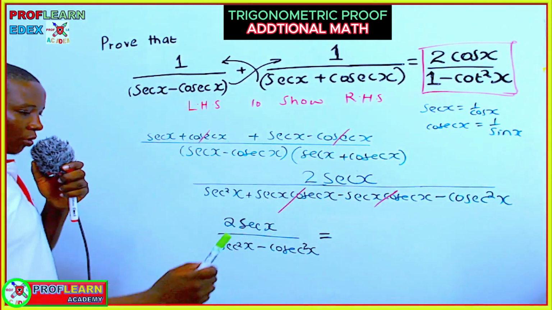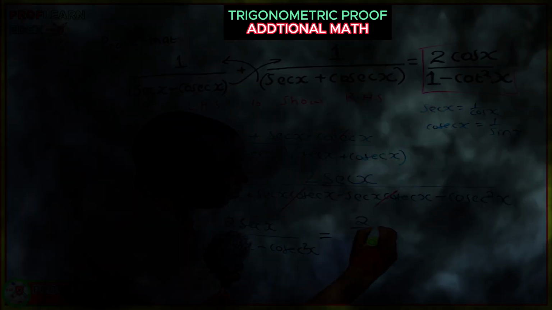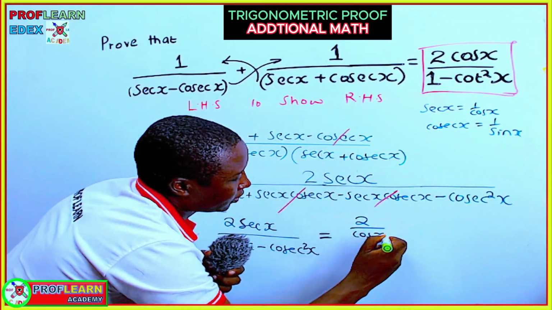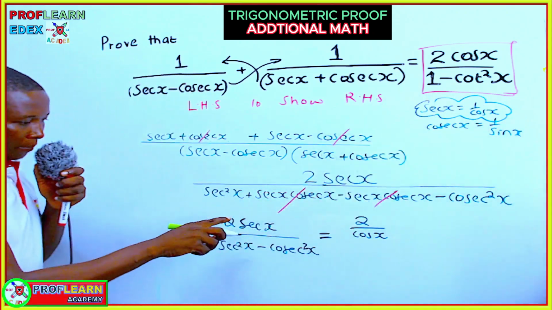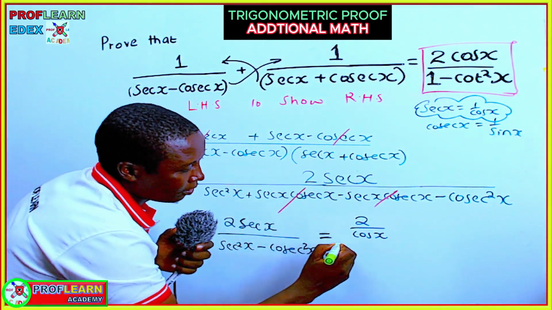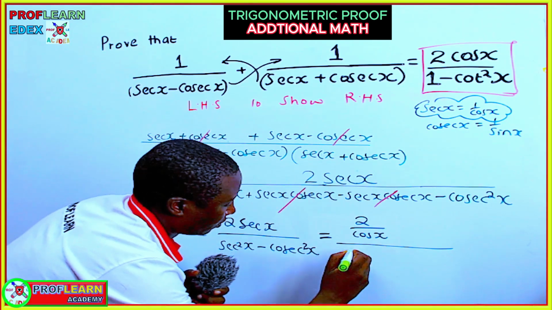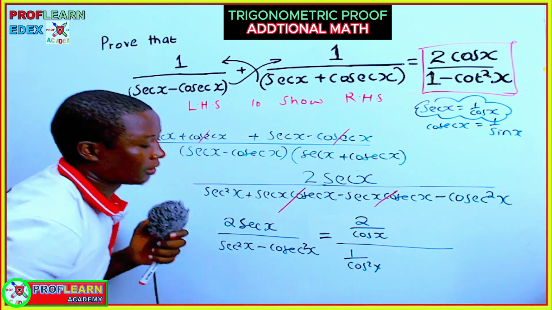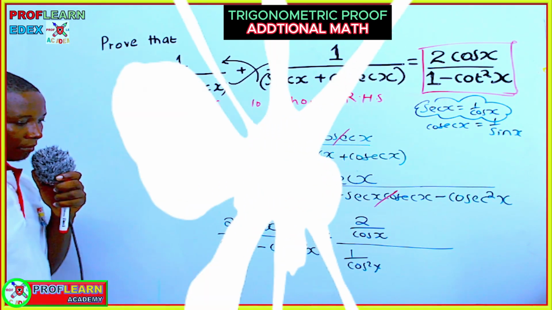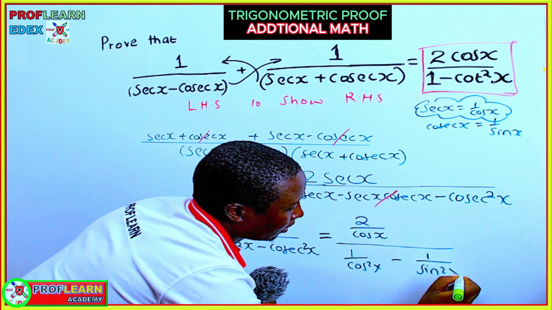So we can write this as 2 over cos x, because sec x is 1 over cos x, so I'm transforming this to that, over 1 over cos squared x minus 1 over sine squared x.